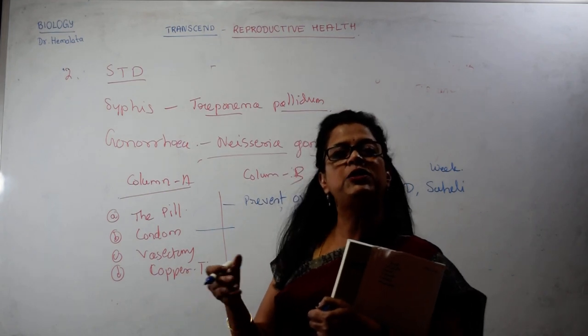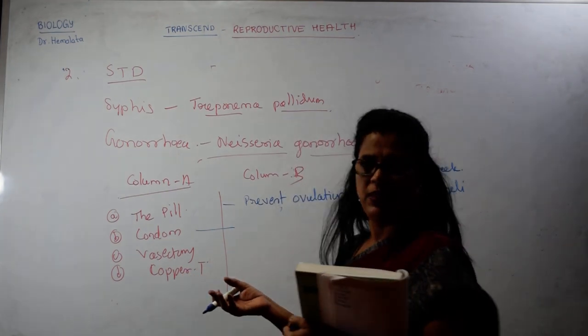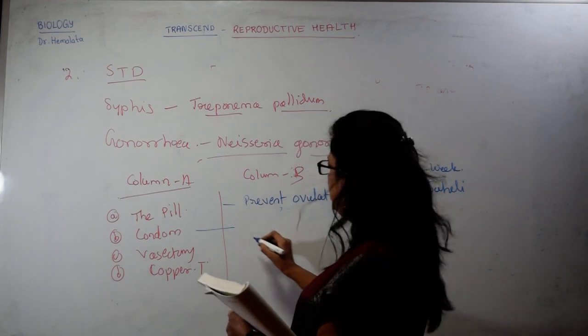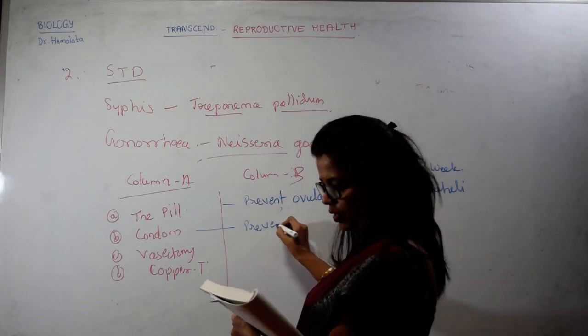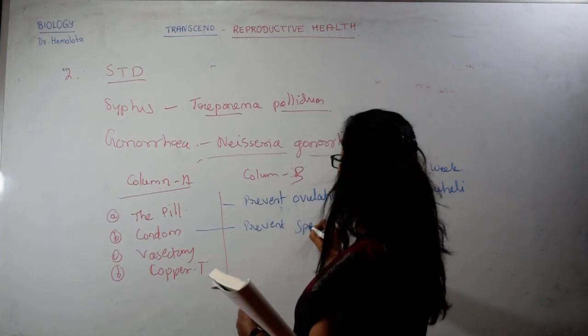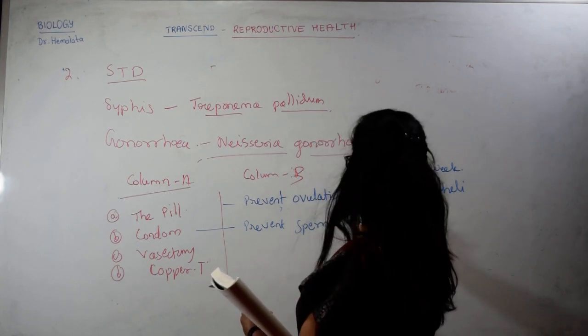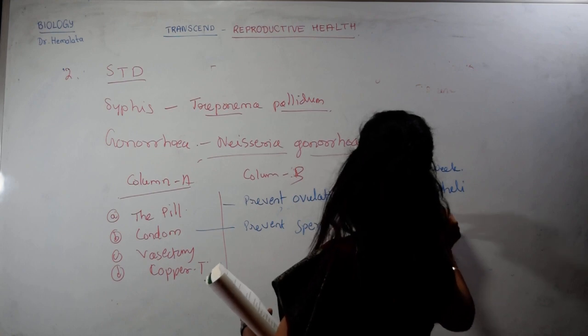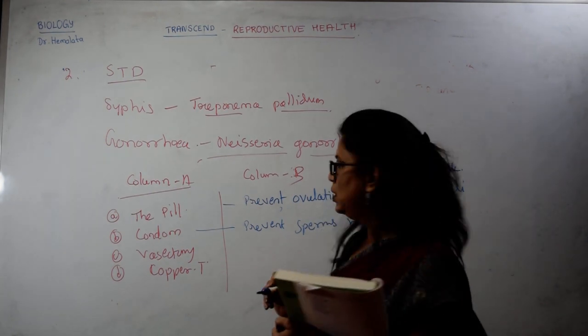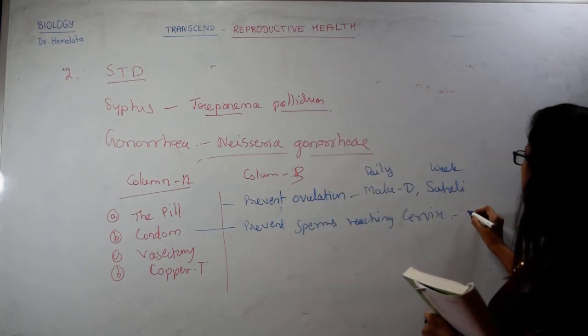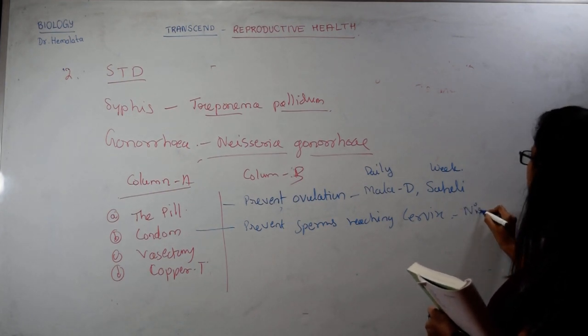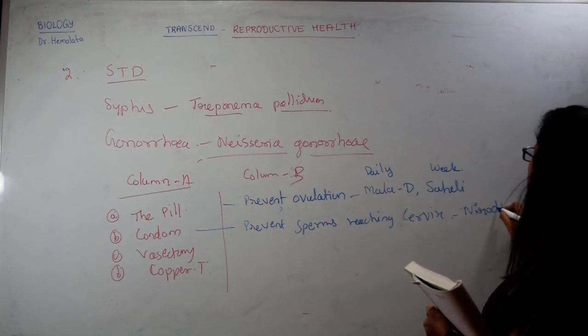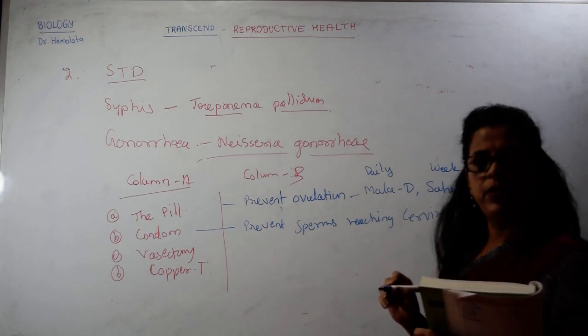This will prevent sperms from entering the vagina, that is, sperms reaching the cervix. Therefore the right one is cervix. And we have the condom Nirodh, which is provided free of cost by the Government of India.